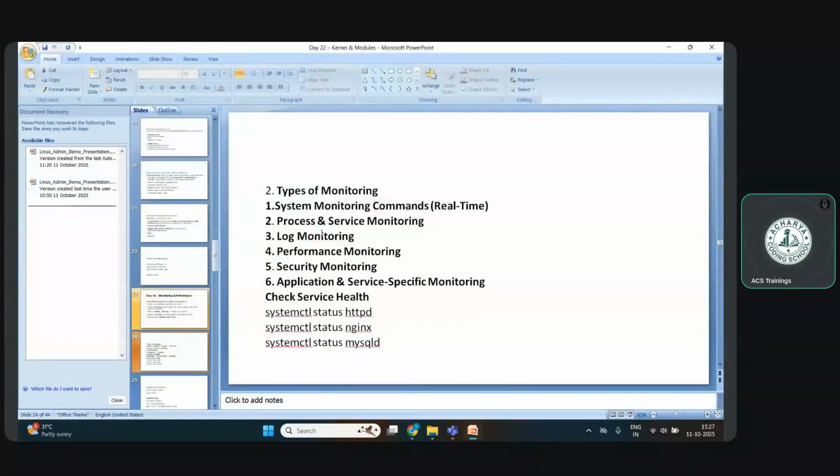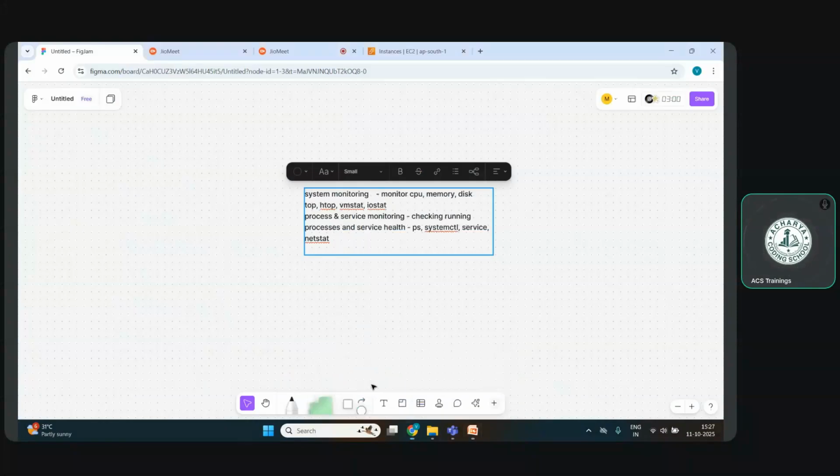And we have log monitoring. This log monitoring mainly helps us in analyzing the logs for issues and patterns.